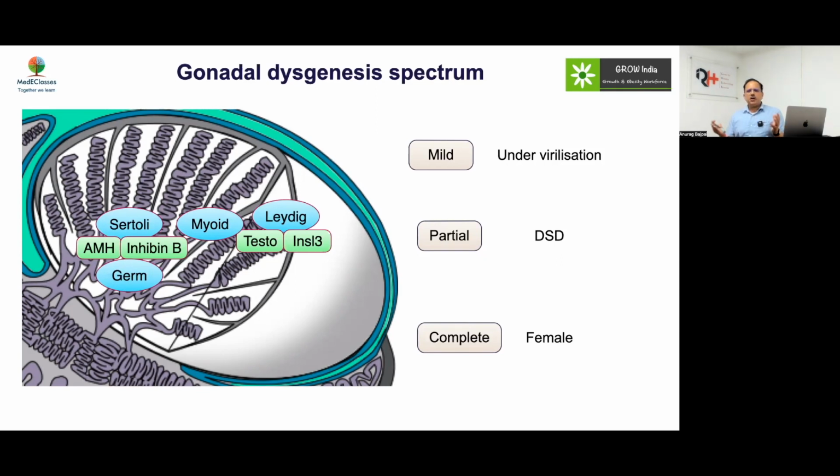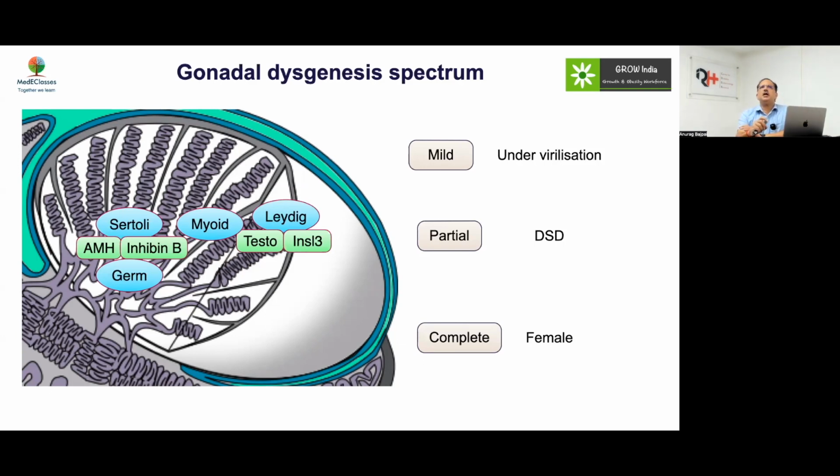So again, when we talk about XY DSD, we often talk about a spectrum. Be it AIS, you can have a partial AIS in which there are certain atypical features. You can have a complete AIS in which you have a female appearance, or you may even have a minimal AIS in which you will not have any manifestation and it will look like a male with infertility. Similarly, 5-alpha reductase deficiency can have a whole spectrum, and gonadal dysgenesis can have a whole spectrum.